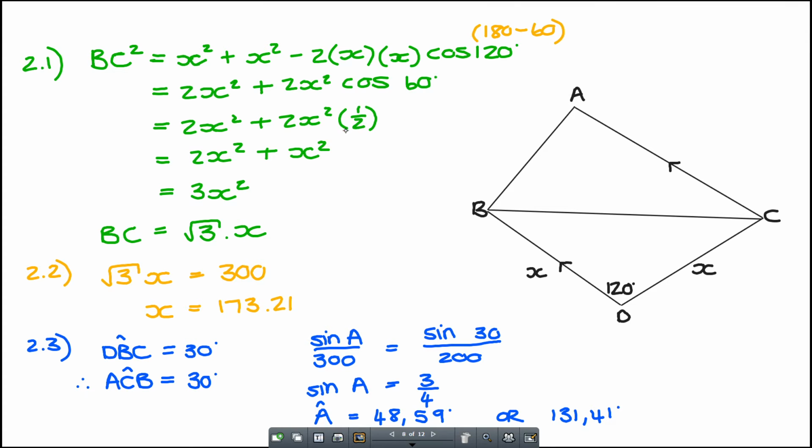And then a half of 2x squared will just be x squared. Nou kan ek daai tweekies gaan by mekaar tel. And that gives me 3x squared. Maar onthou, dit was gewees vir BC squared. So if I want just BC, I've got to get square root of that whole thing. But square root of 3 will stay square root 3. And square root of x squared will become x. You guys good there?